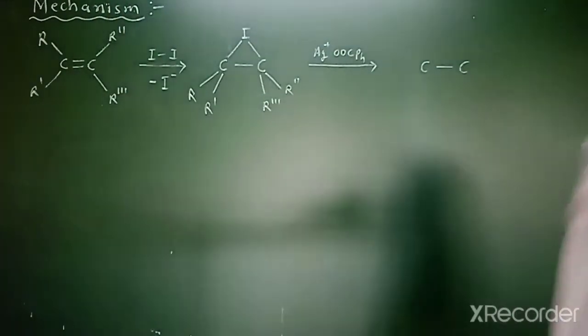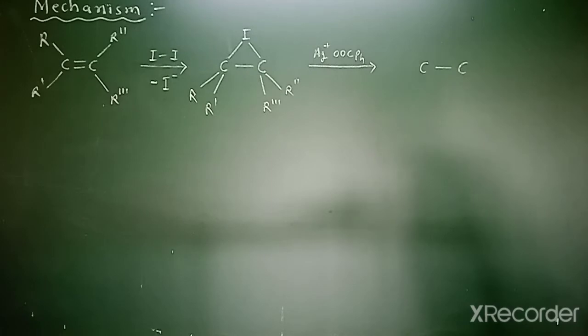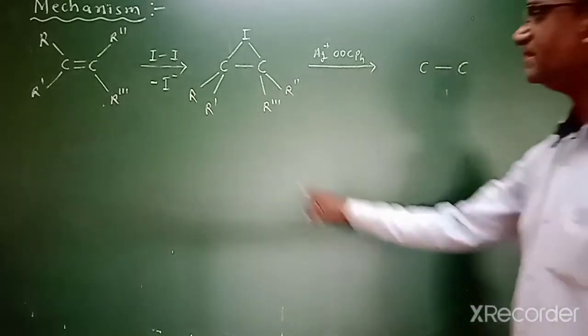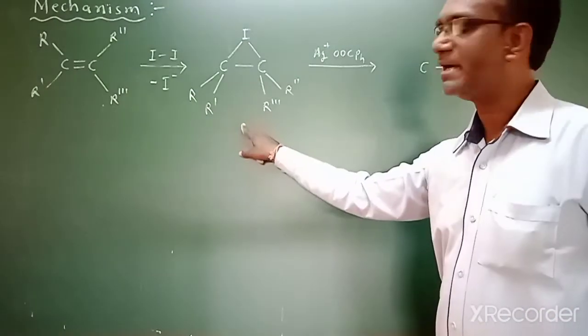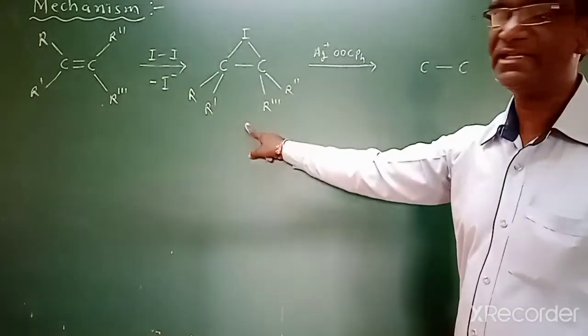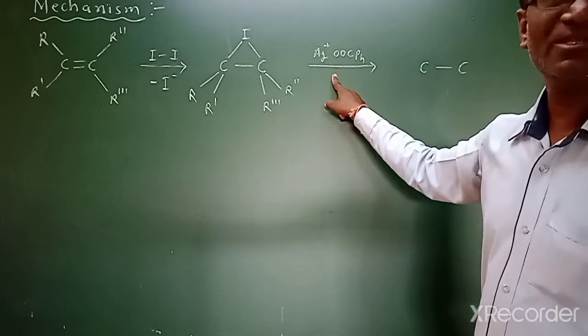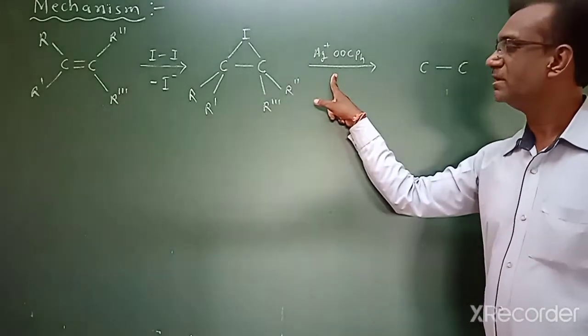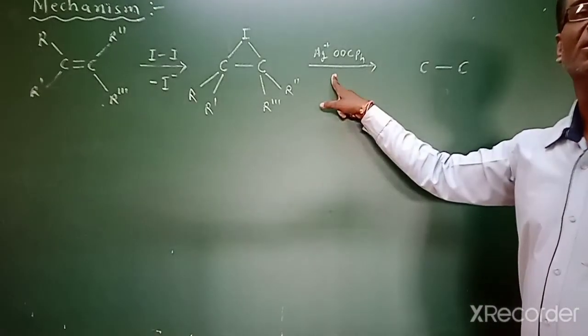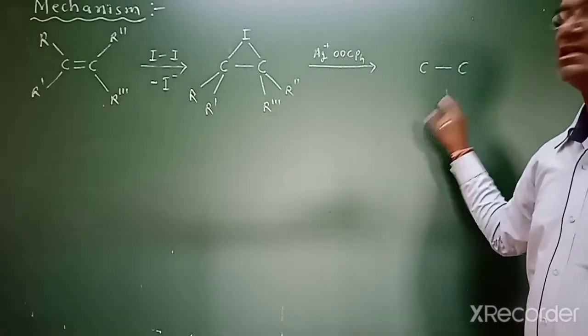In such a way, there is formation of an iodonium ion by the formation of a cyclic structure of both these carbons with iodine. This is the formation of the iodonium ion. This iodonium ion now with silver benzoate will give rise to the formation of a benzoate derivative.